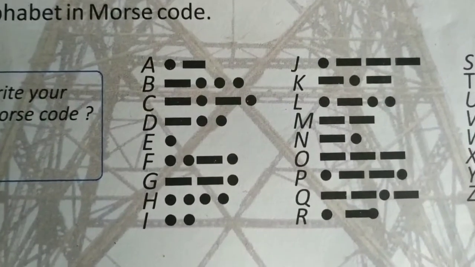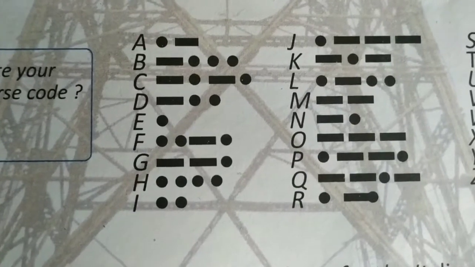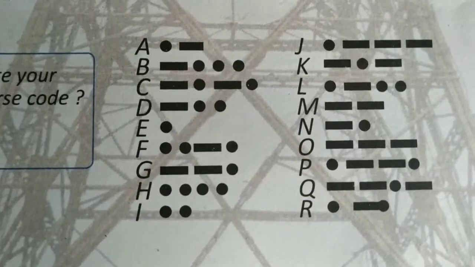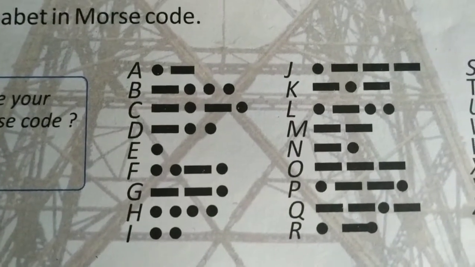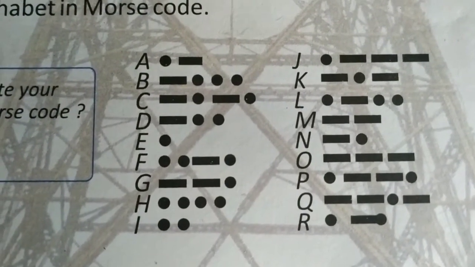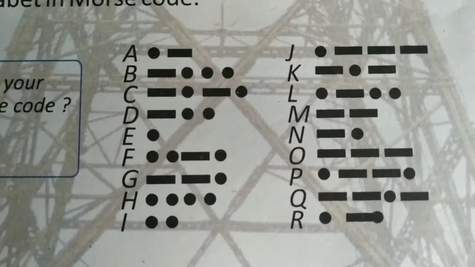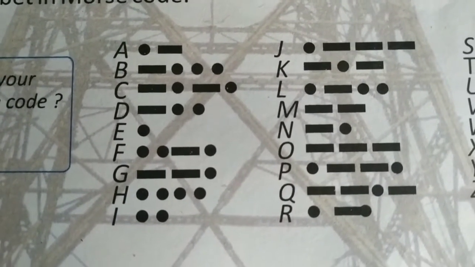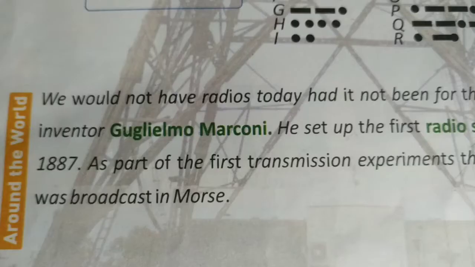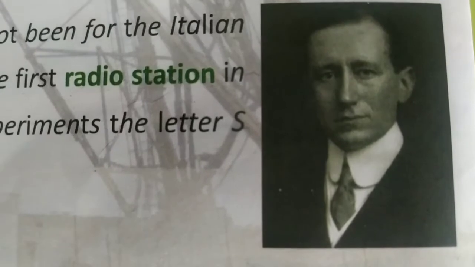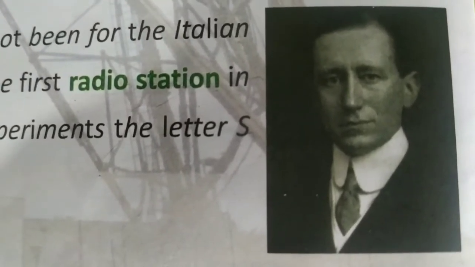They used to send the messages to their destination in dots and dashes, which is called Morse code. And once it reached the destination, they would decode these dots and dashes to know what the message is.